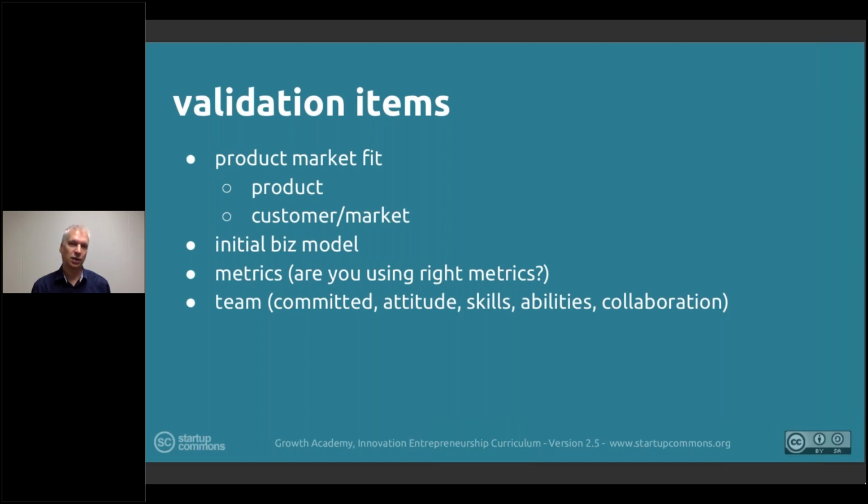And then also the team validation, of course, is also how do we validate the team as part of the exercise of validating the product. So here it is of course very clear how does the team work together, what is the commitment level, what type of attitude people are working with, are the skills enough, what we need to change, what we need to add, and so forth.